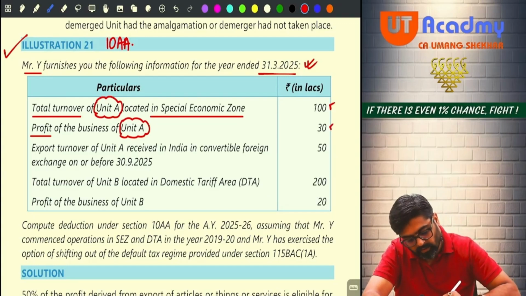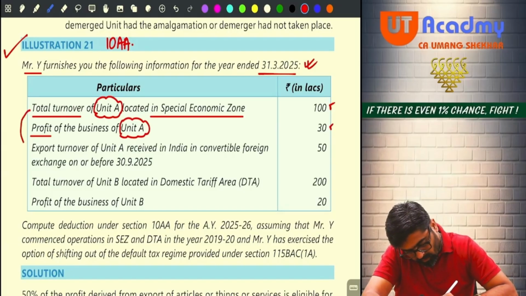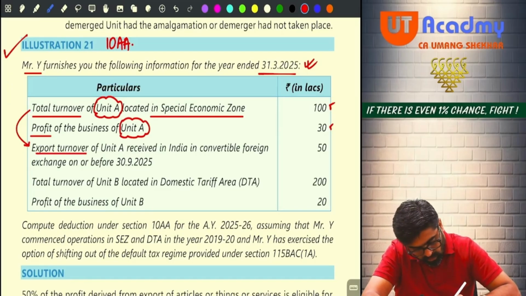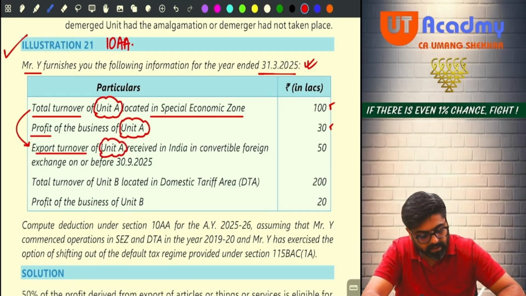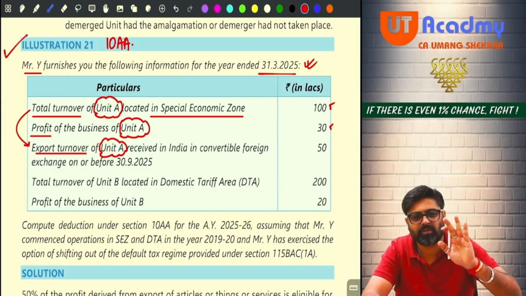Next one, out of the total turnover, how much is the export turnover? It is given. Export turnover of unit A, which is received in India in convertible foreign exchange on or before 30th September 2025. No problem. We just have to see how much is the export profit.